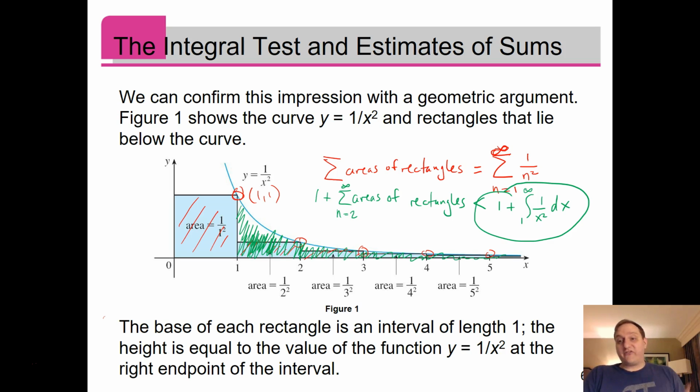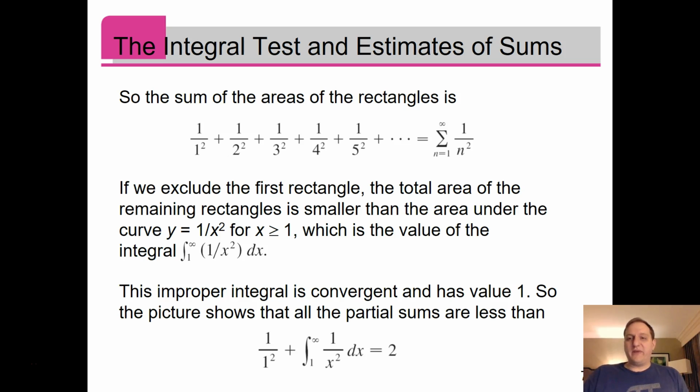So we have the sum of the areas of the rectangles. We exclude the first rectangle. The remaining rectangles is smaller than the area under the curve. And as you can see, the improper integral converges to 1, so the sequence of partial sums is bounded above by 2. So we know that the sequence of partial sums can never go over 2.